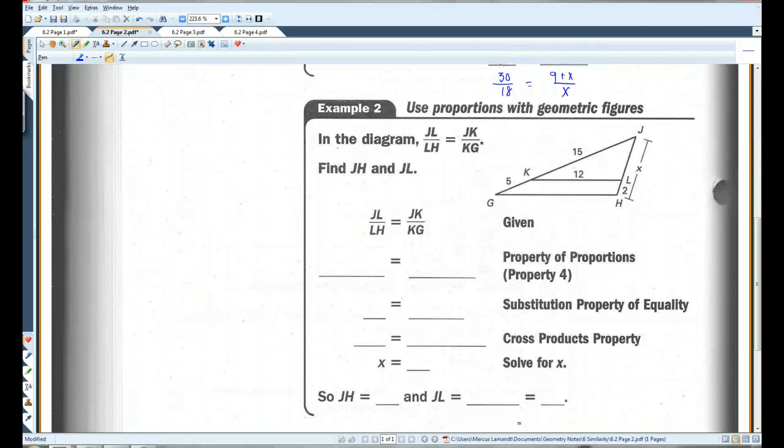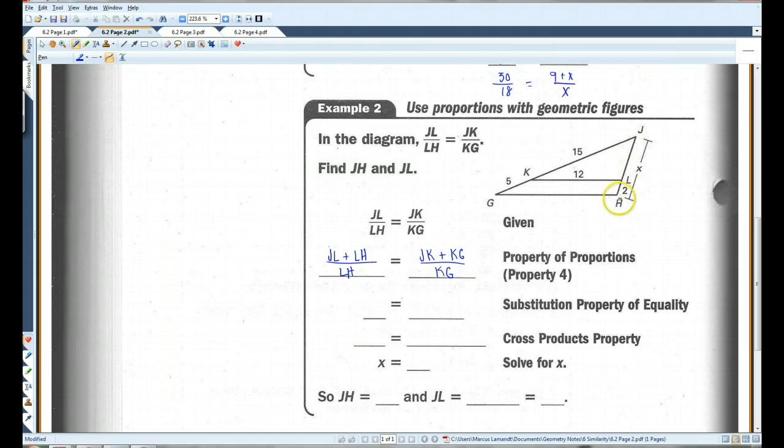Alright, in the diagram, JL over LH equals JK over KH. So I'm going to use one of the properties of proportions, the one where I add JL plus LH, the top plus the bottom, and put it over the bottom. This equals JK plus KG over KG. I do this because I don't know what JL is.